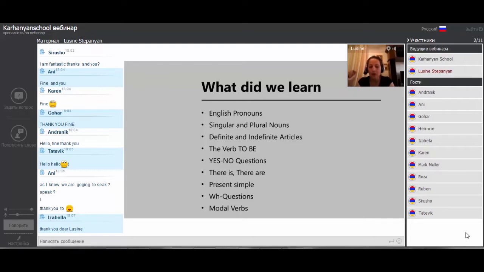We learned the verb to be: am, is, are, and also yes/no questions with to be. We learned the there is, there are structure. We learned present simple and WH questions. We learned a lot of modal verbs: must, should, have to, can, may.